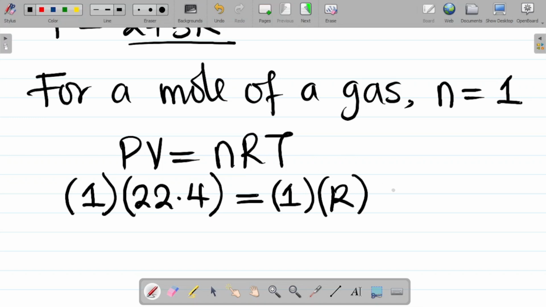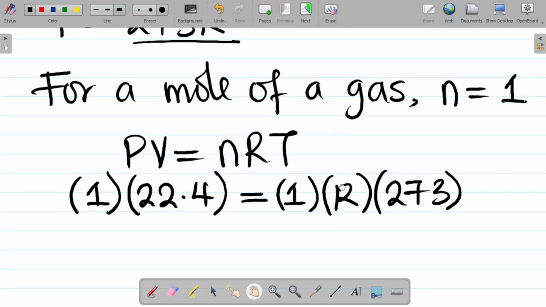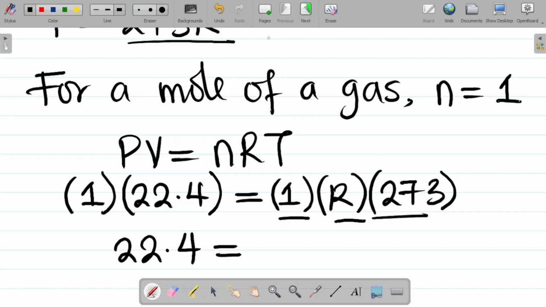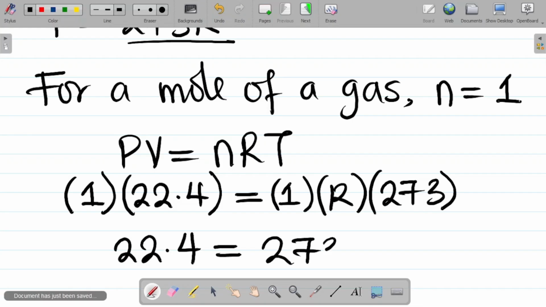Then finally we have T, temperature. At STP we had 273 Kelvin. Let's find the value of R from here. 1 times 22.4 gives you 22.4. It's equal to 1 times R times 273, which simply becomes 273R.